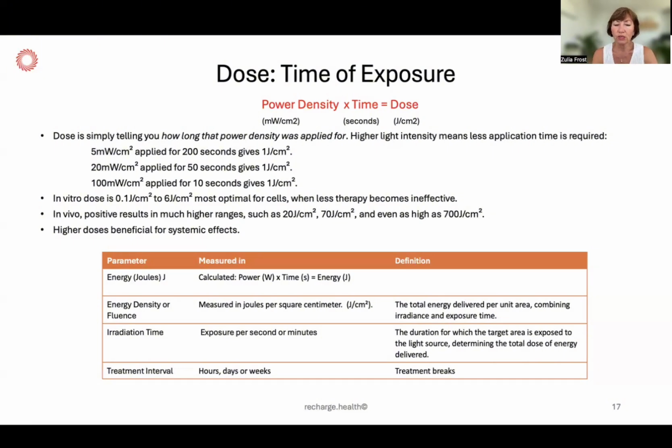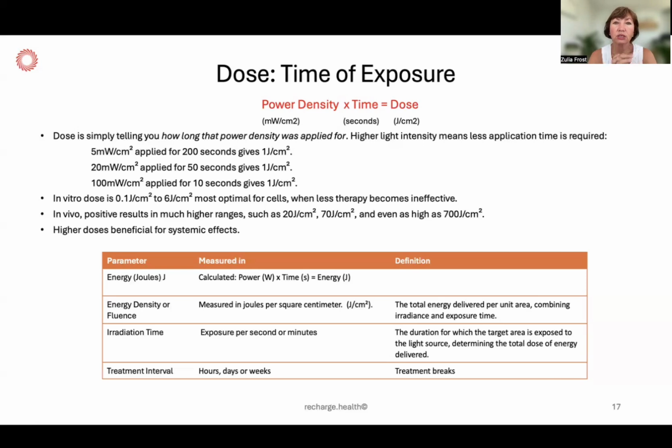So now you've got all these parameters. We have joules, which is calculated as power by time. Energy density is joules per centimeter square. This is the total energy delivered per unit area, which combines irradiance and exposure.